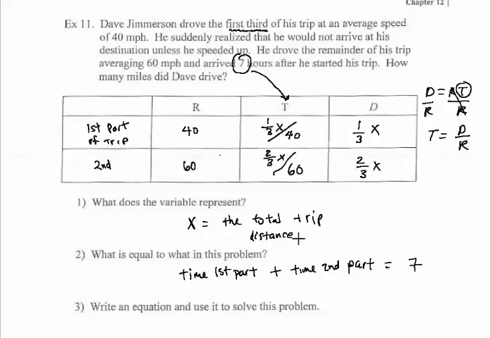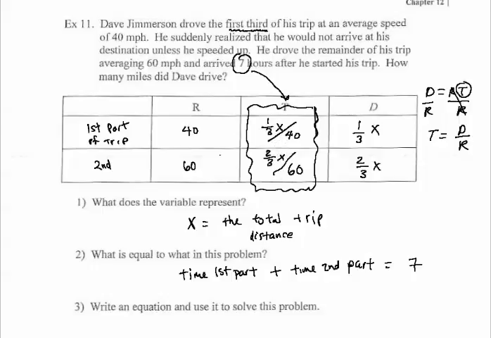Now that we have our table completed and we have our formula written out, we will set up our equation using the expressions and the numbers, or basically just the T column that we have here. This third calculated column is the one that you're going to use to construct your equation.